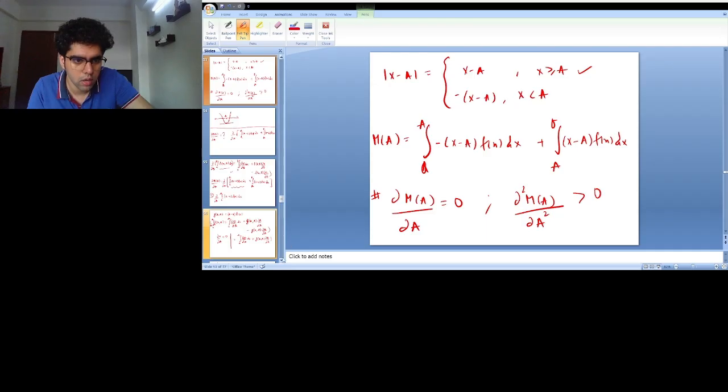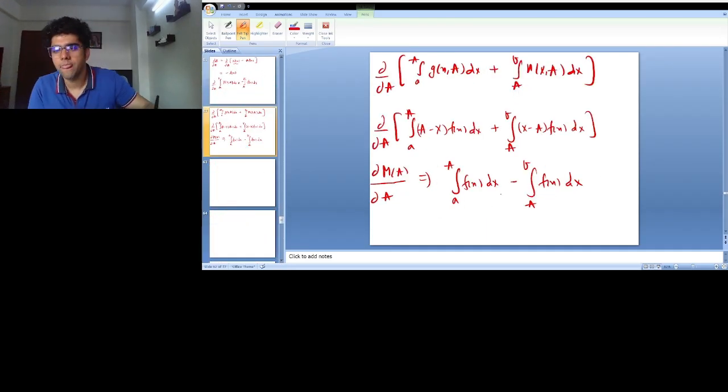and we need to equate this to 0, right? So now we'll be equating this to 0 to find the stationary point, or we'll find the point where the slope of M(a) becomes 0.